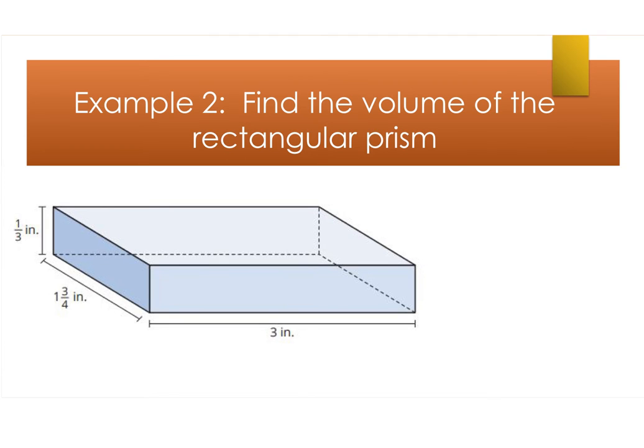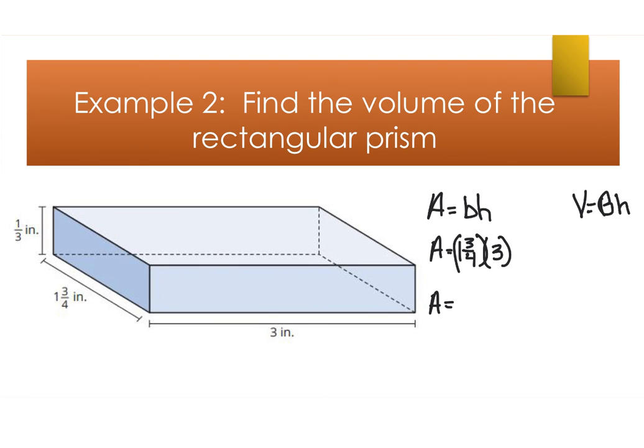Okay, another rectangular prism. Volume equals the area of my base, big B, times my height. And since the base is a rectangle, my area is base times height. Before I can multiply, I need to change my mixed number.